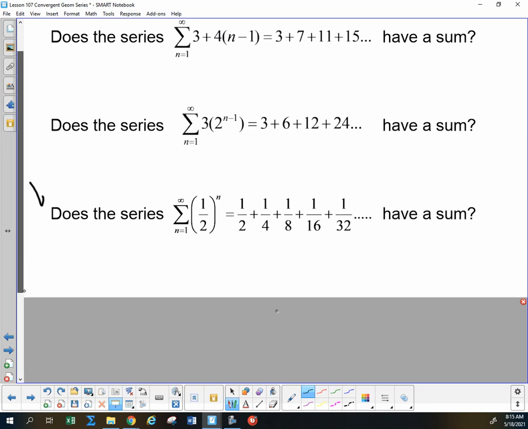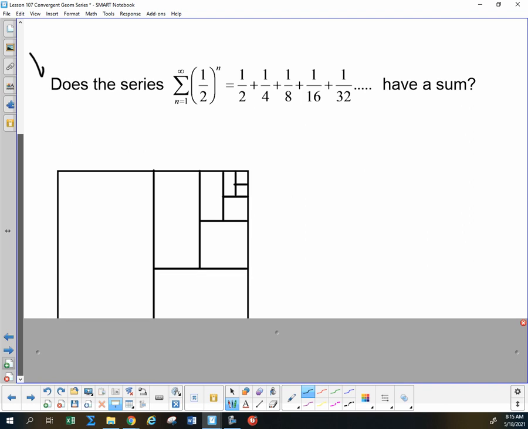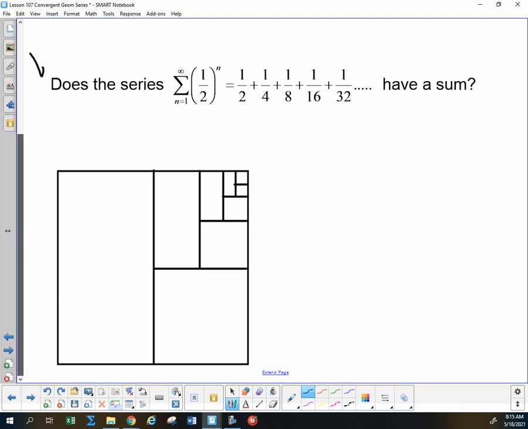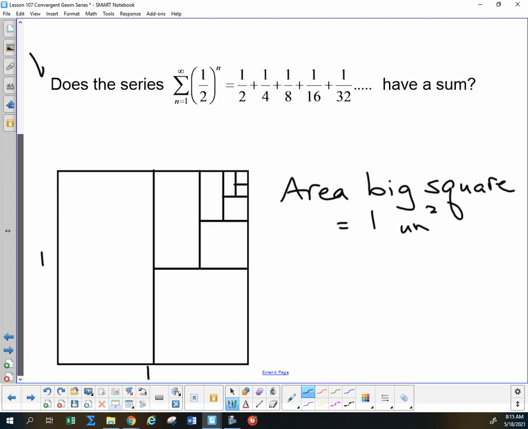We are going to figure that out by thinking about a square. And let's suppose that each side of that big original square is 1. So the area of the big square has to be side times side, 1 times 1 is just going to be 1.